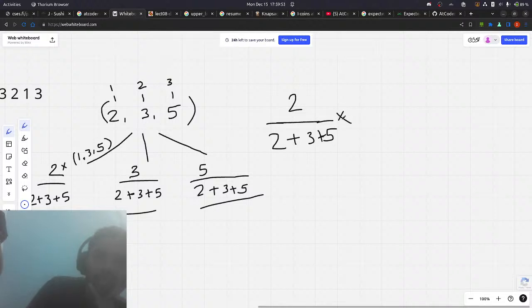And if you multiply it with the count, that will give us the expected value. And we want to calculate the expected value.